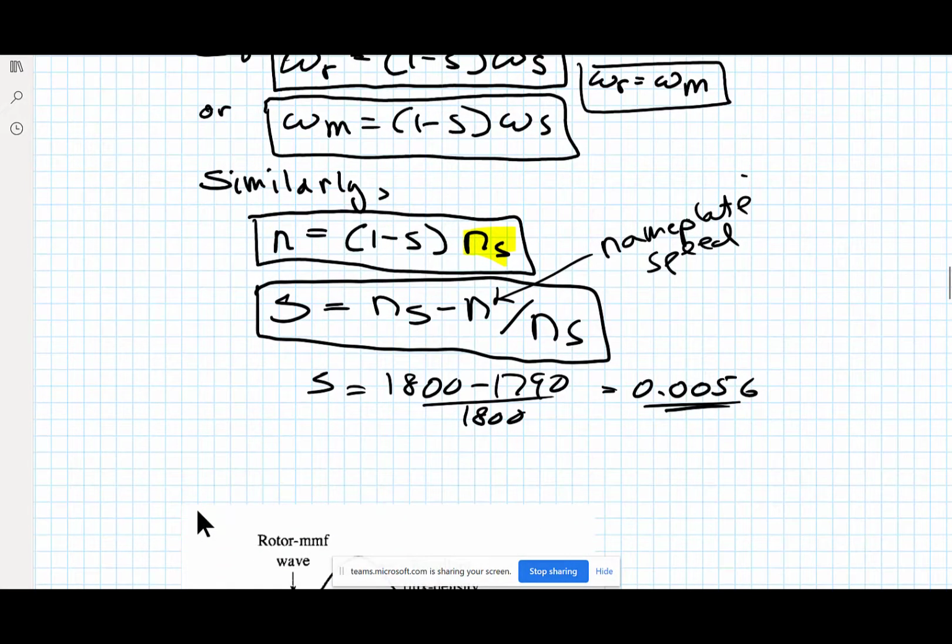This is the slip at no load. This is the speed of the rotor at no load. Now, no load, you can never turn a rotor and not have some mechanical load, right? You've got friction and windage, and you've got other things too.